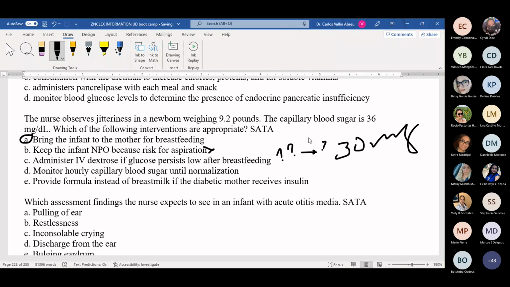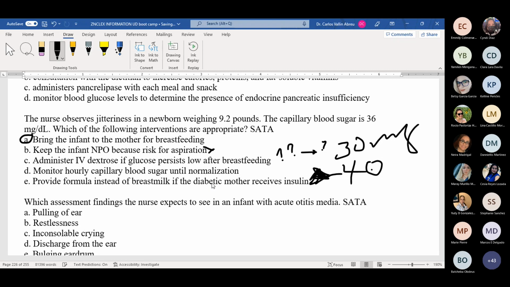What I read, guys, this is not my expertise, pediatrics, but what I studied about the protocol in hypoglycemia is that any baby having less than 40, the indication is feeding, preferably breastfeeding.